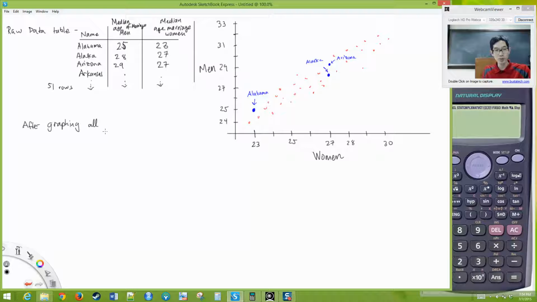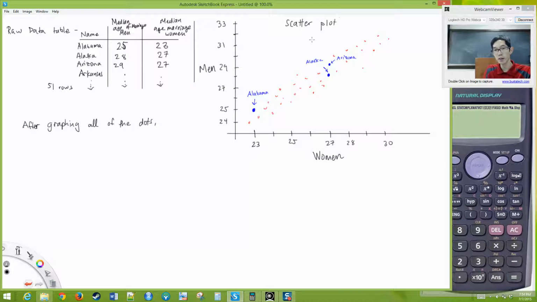But so I'm just telling you that this is what a graph would look like, and so we'll say after graphing all of the dots, okay, this thing is called a scatter plot.